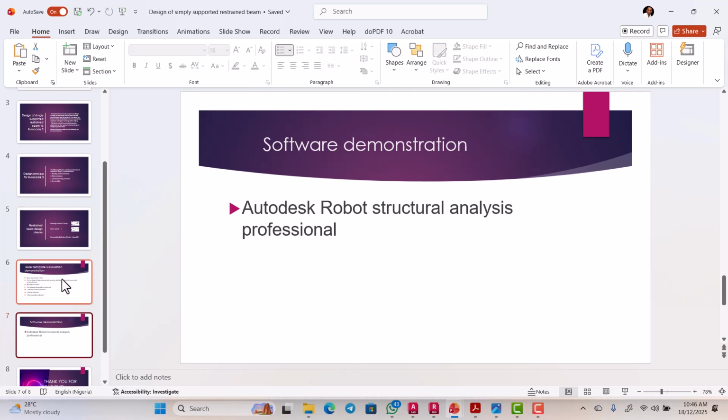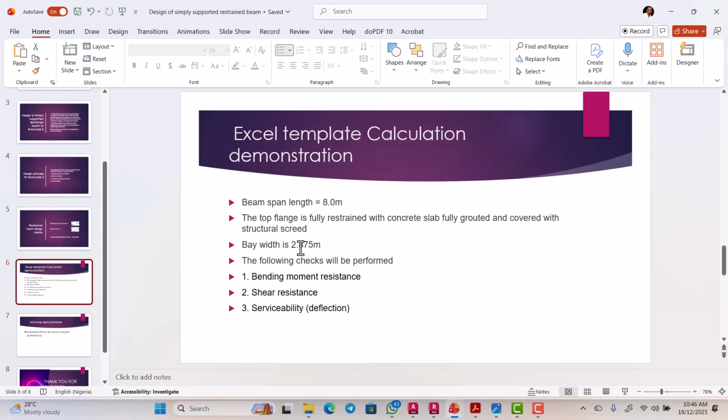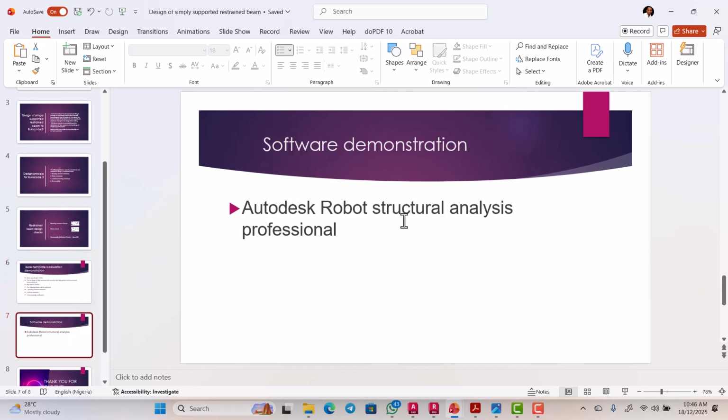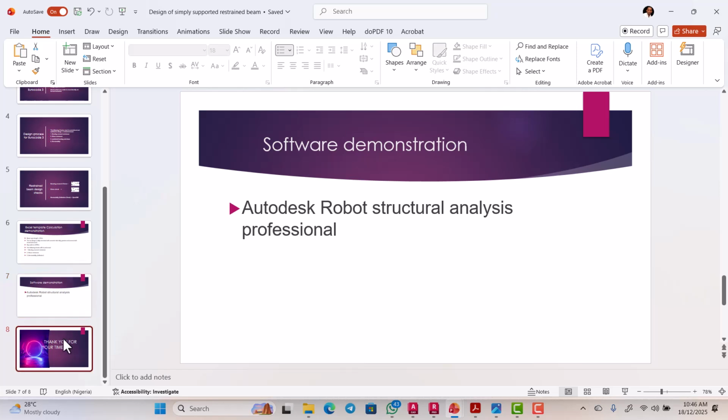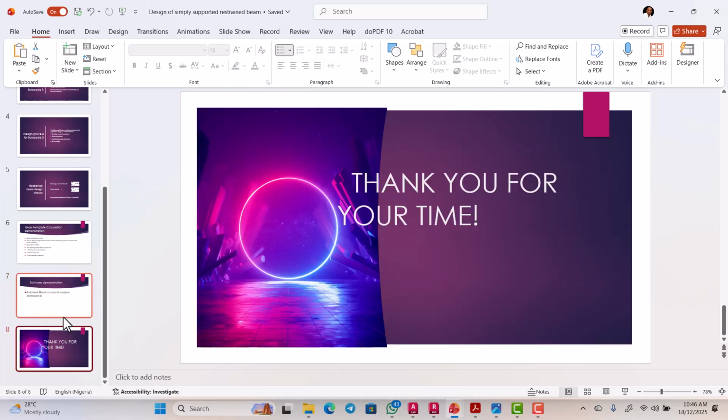After we have done the Excel template calculation demonstration, we will also do the software demonstration to cross-check whether what we have done in Excel is correct, and whether the Autodesk Robot Structural Analysis Professional software gives us the same result as the Excel template. So we will be able to judge the two design methods that we have used.